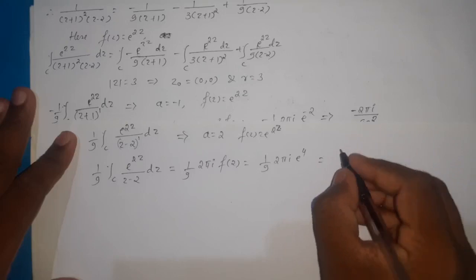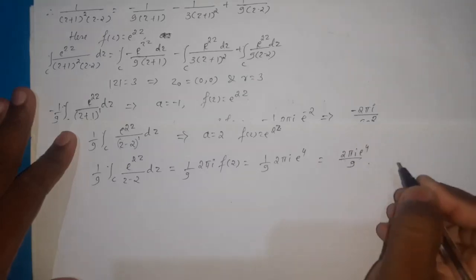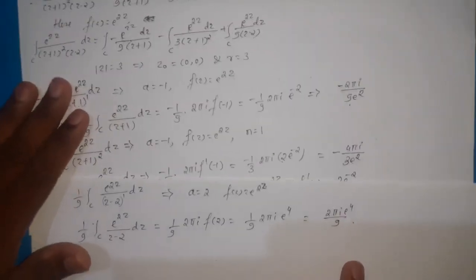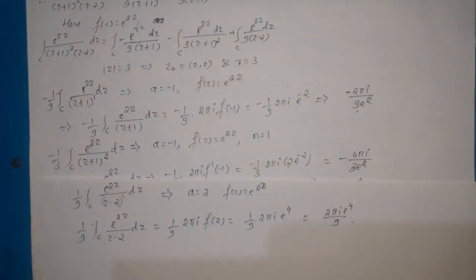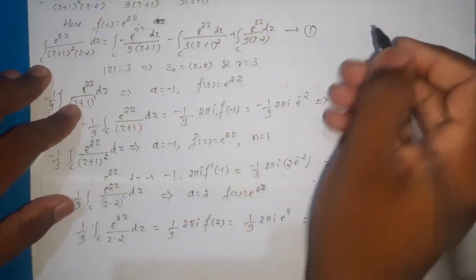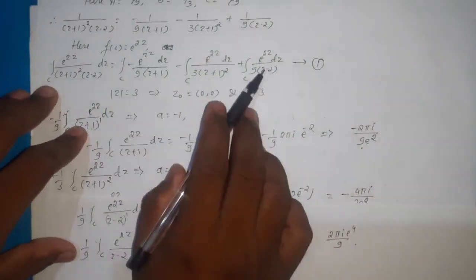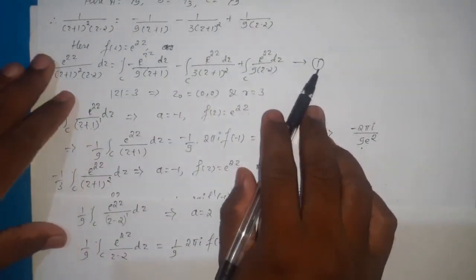Therefore it is equal to 2 pi i e power 4 divided by 9. Now we have got the values for all three integrals. Let us consider the sum of the three integrals as equation number 1.